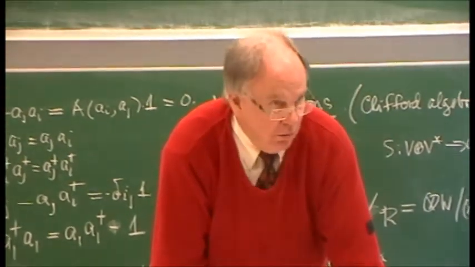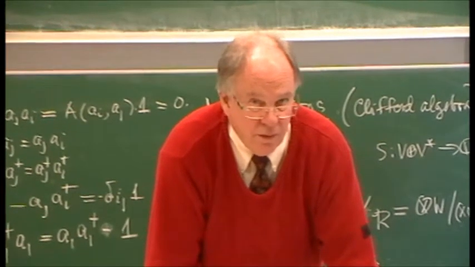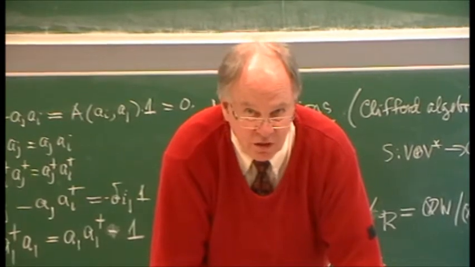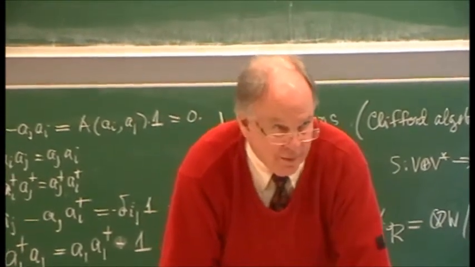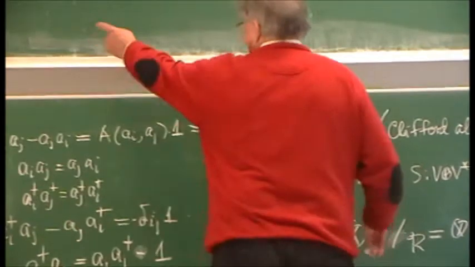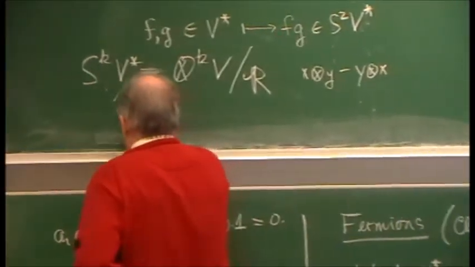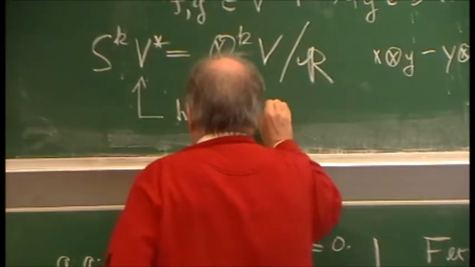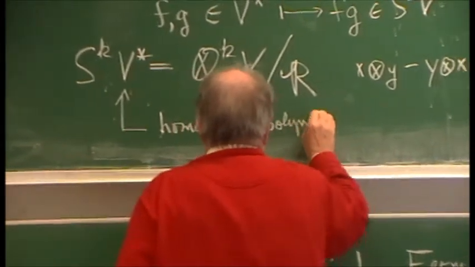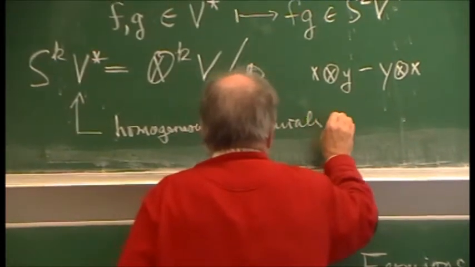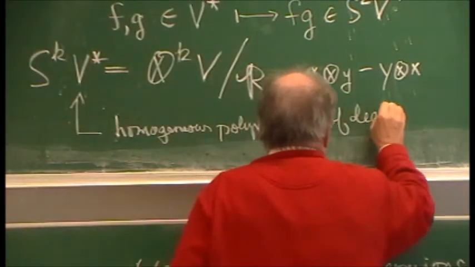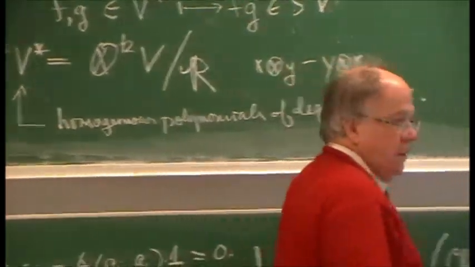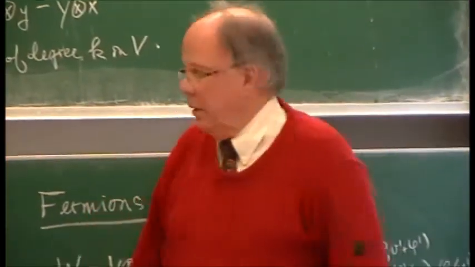And then I've gone to the symmetric tensors. And the symmetric tensors are therefore, you can interpret them as polynomials, you agree? Okay. So this thing here can be interpreted as homogeneous polynomials of degree k on V. Okay.